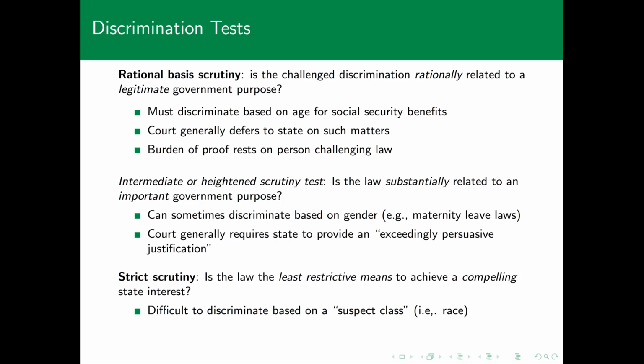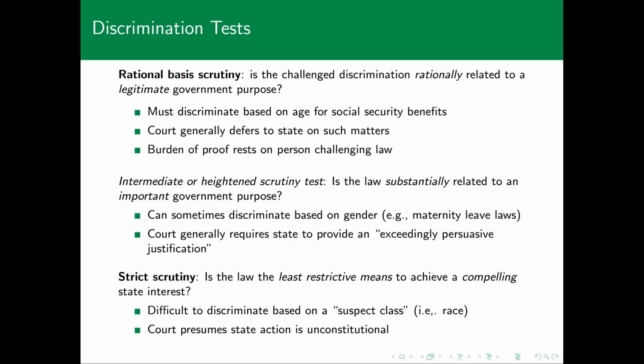So there's something called a suspect class. That's race, religion, all these different things. So it's very difficult to discriminate based on that suspect classification. Not impossible, but difficult. And the burden is on the state really to show that they're not engaging in unlawful discrimination. The court just assumes they start from a place of this action is probably unconstitutional unless we are convinced otherwise.